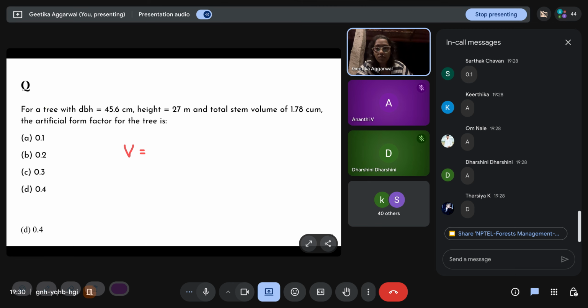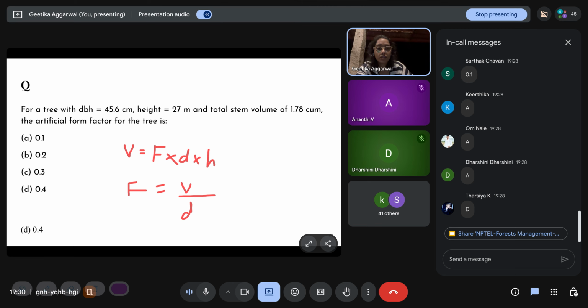Yeah, volume is equal to form factor multiplied by DBH multiplied by height, right? So form factor, sorry, should be V. Sorry, this is not D, right?